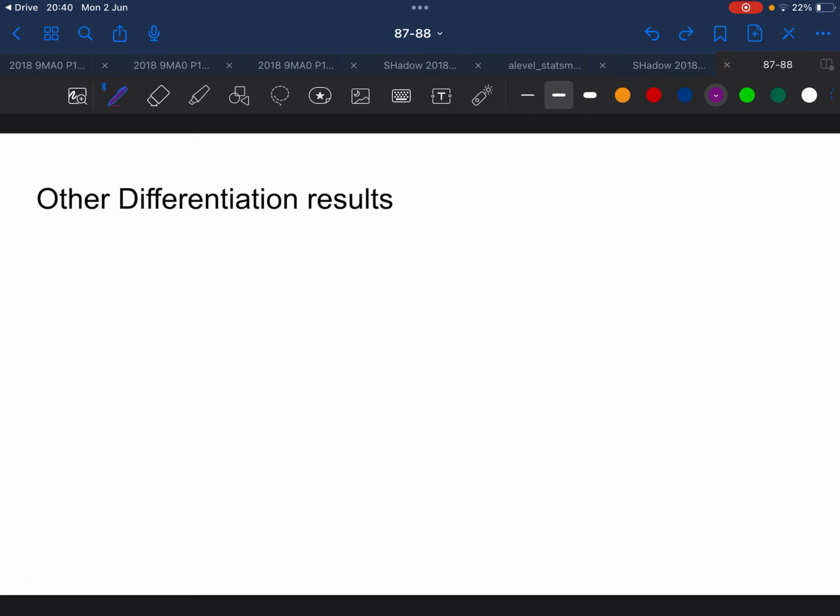But other results that are not there, and perhaps we might be likely to forget, would be, when we have, say, e to kx, making sure that we do this, or more generally, if there's a value there already, we take that into account. Okay, so that's one of our differentiation results to bear in mind.